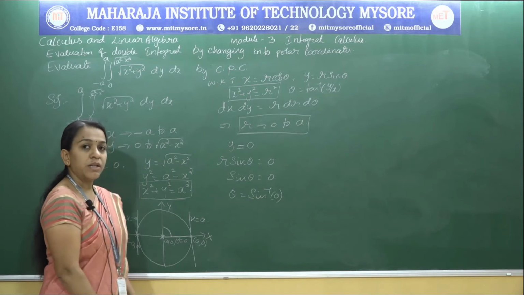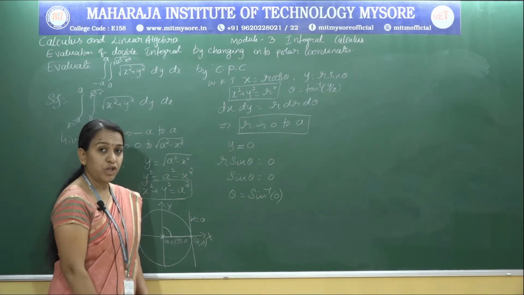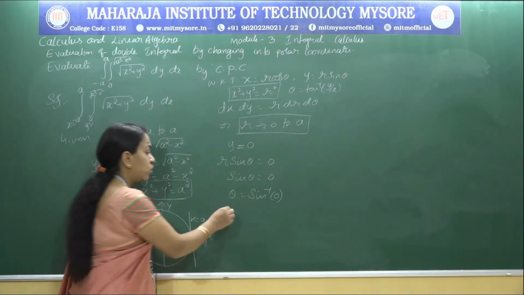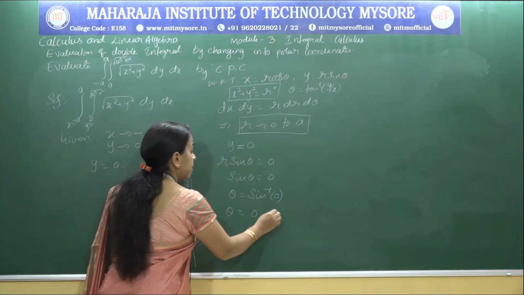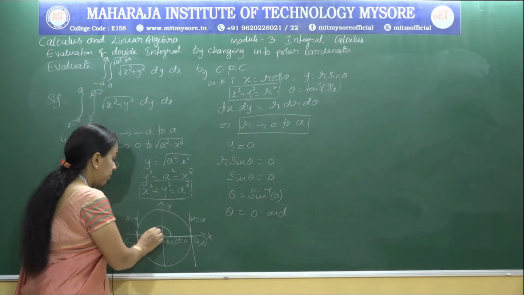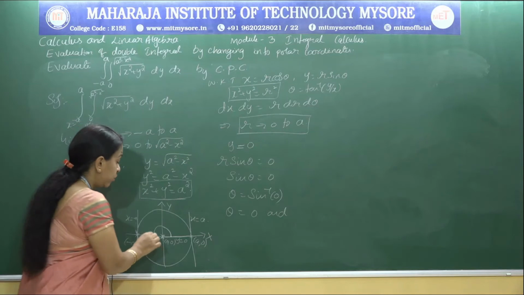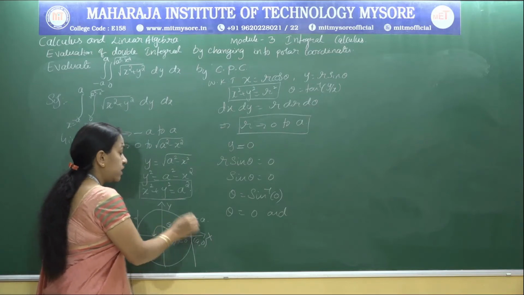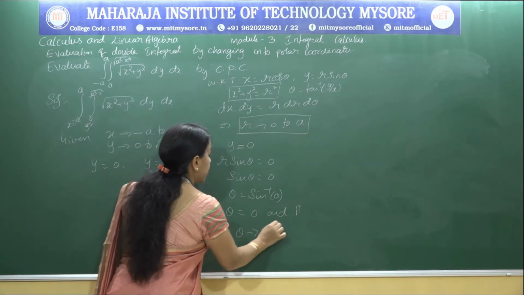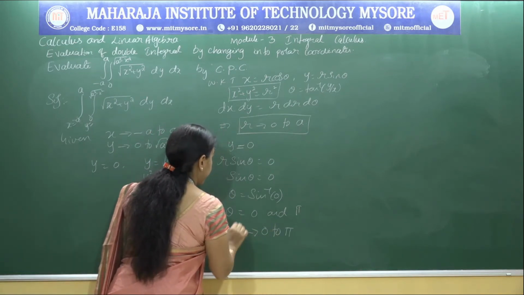So from this we are getting theta as sin inverse of 0, and we know that sin inverse of 0 is equal to 0, and we have one more value, that may be pi, right. So our theta limit is 0 to pi, therefore theta varies from 0 to pi.